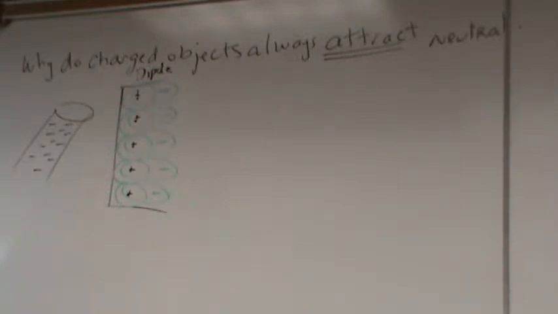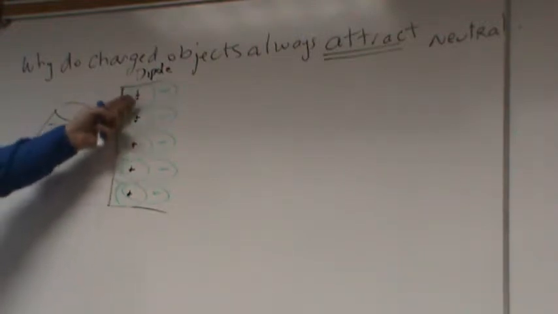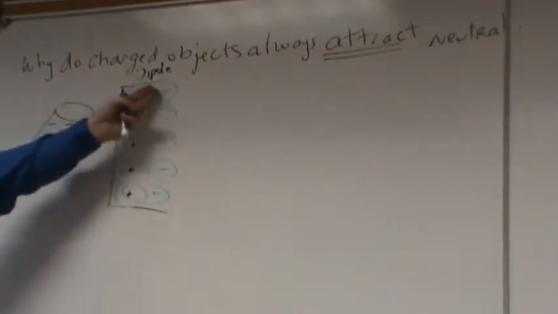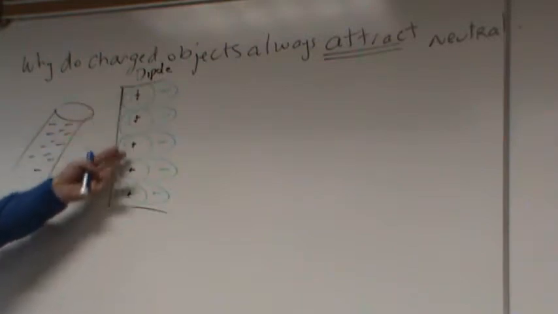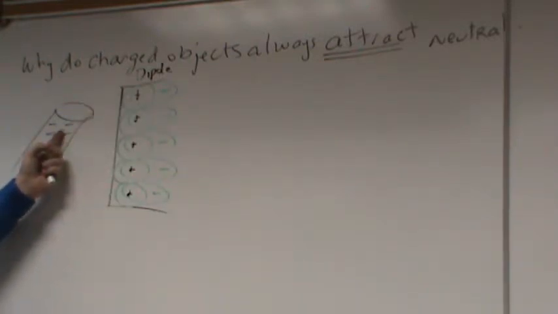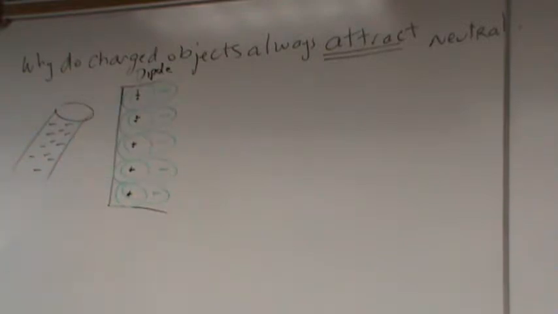Shouldn't they be just equal and opposite? Shouldn't there be no net force? Or do you notice something physically, the difference between where the positive side is and where the negative side is? The positive is closer to the charged rod. Yeah, and so you get a net attractive force.